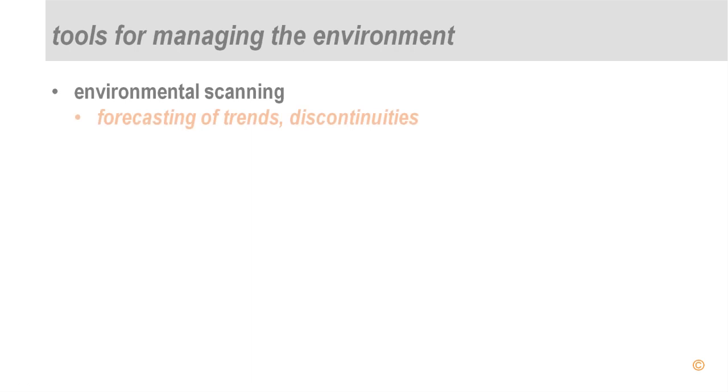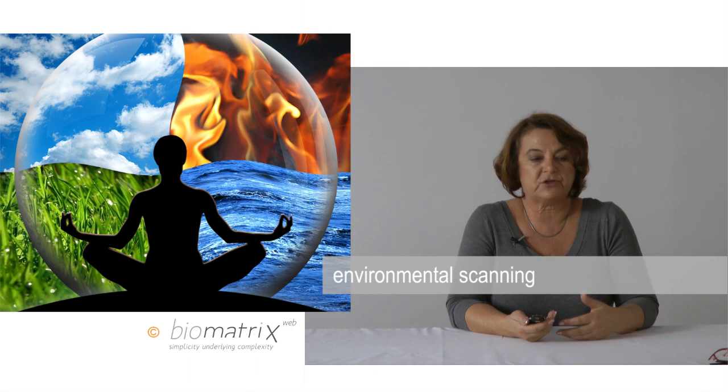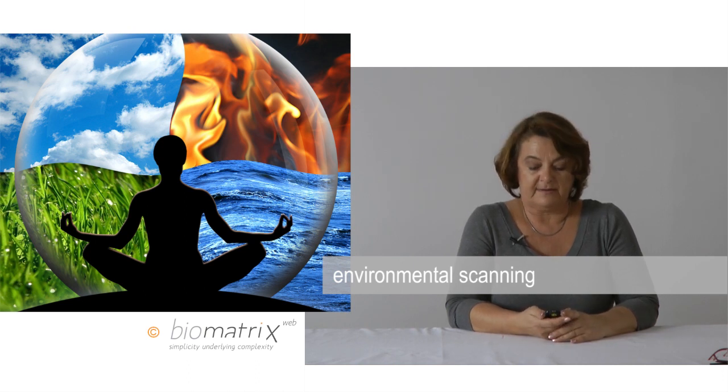We forecast trends, we look at discontinuities in the environment, we try to anticipate what is changing in the environment, and we are looking at the multidimensional perspectives of the environment. We are looking at economic, cultural changes, political changes, technological changes, ecological, physical, psychological, physiological, etc., depending what is appropriate in terms of our system.